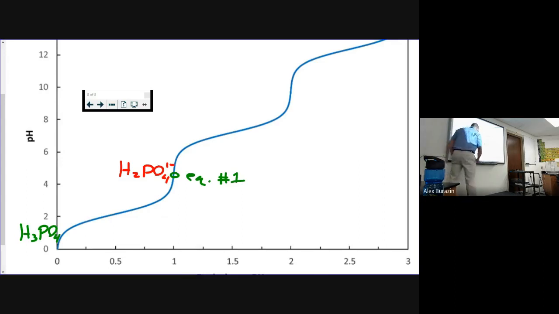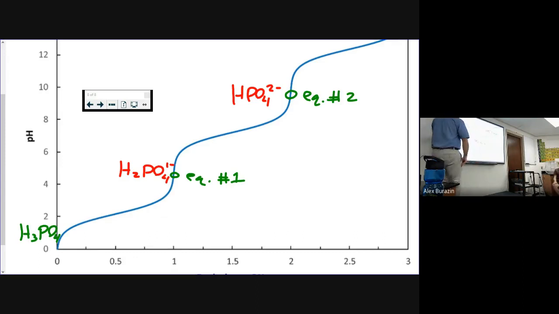I add some more base. And I add some more base. And I reach this spot right here. That's the second equivalence point, EQ number 2. At that spot, I have now neutralized the second hydrogen. And the main chemical I have left is HPO4 2-.